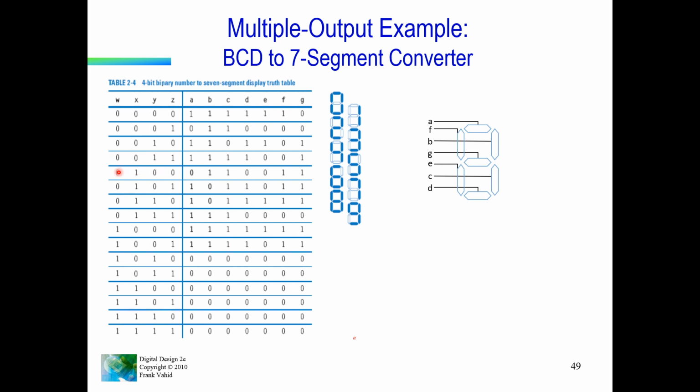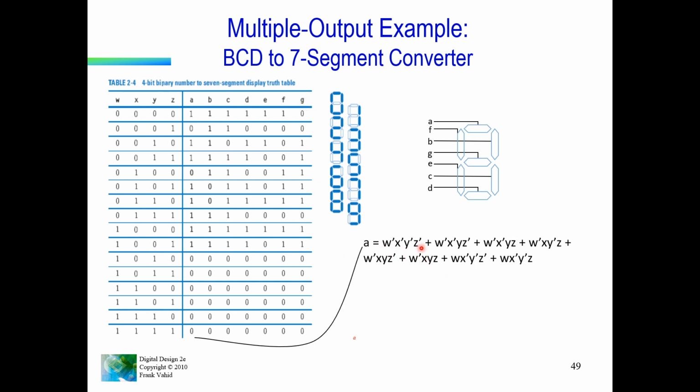So the resultant Boolean expression corresponds to output A. So we must do the same for B, C, D, E, F, G. And at the end, we can design a BCD to 7-segment converter.